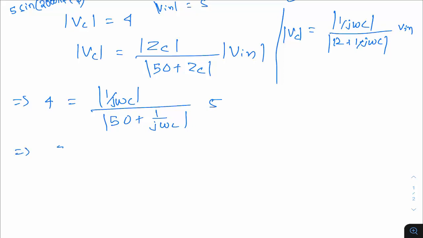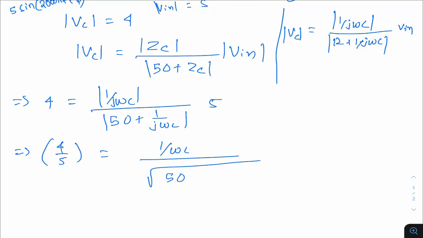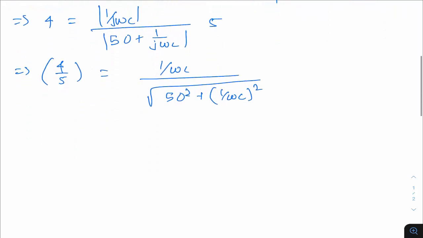So 4 by 5 equals, if I take mod, 1 by omega C, divided by, if I take magnitude here, square root of 50 square plus (1 by omega C) whole square. But omega value is 2 pi f, so that is 2000 pi. So this is an equation where omega is known, only C is unknown. So we can easily solve this equation to get the value of C.